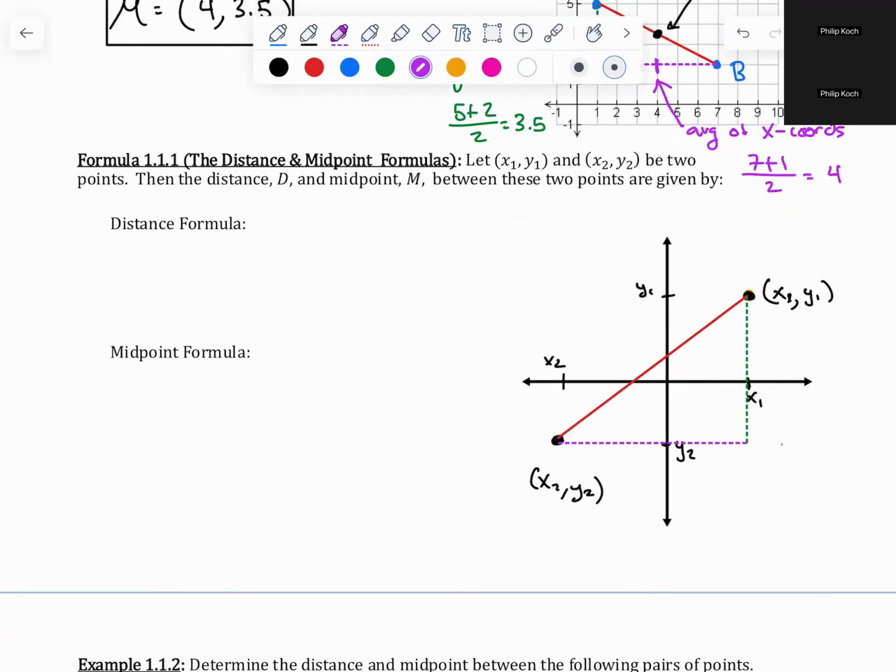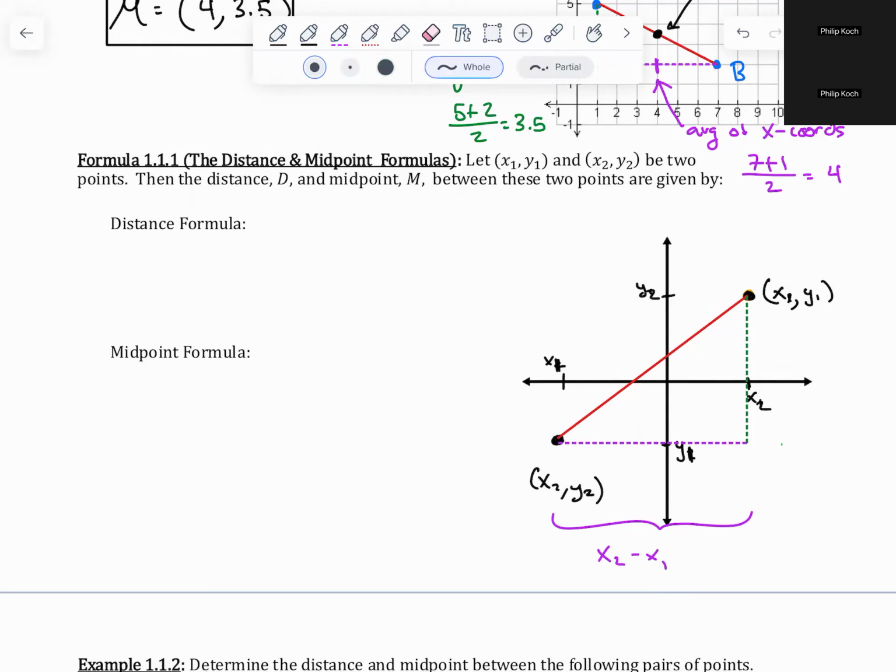Here, the purple distance will be x sub 2 minus x sub 1. Sorry, I meant to make that: this is x sub 2, y sub 2, and this is x sub 1, y sub 1.